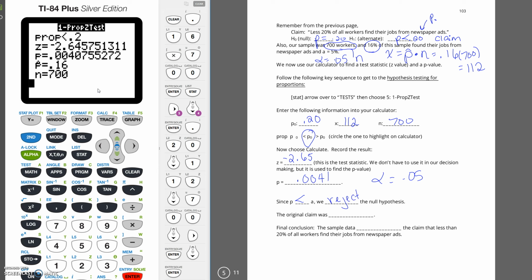So since the original claim was our alternate hypothesis, we would support the alternate hypothesis. So the sample data supports the claim that less than 20% of all workers find their jobs from newspaper ads.